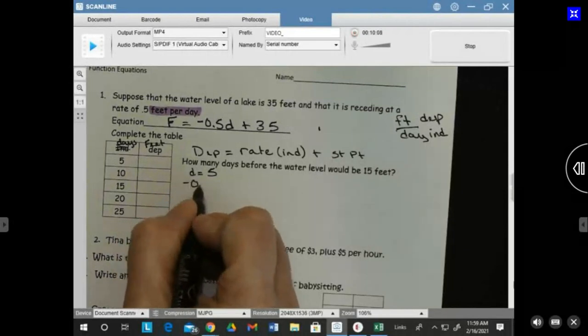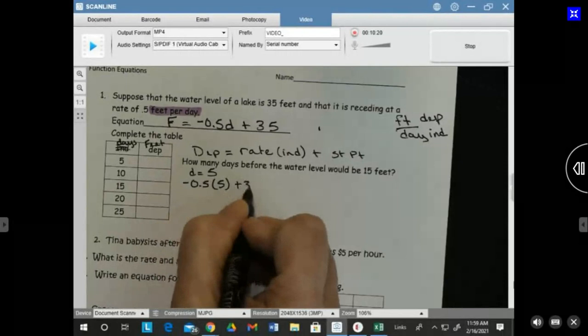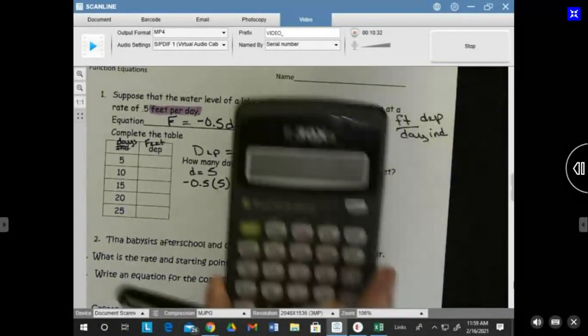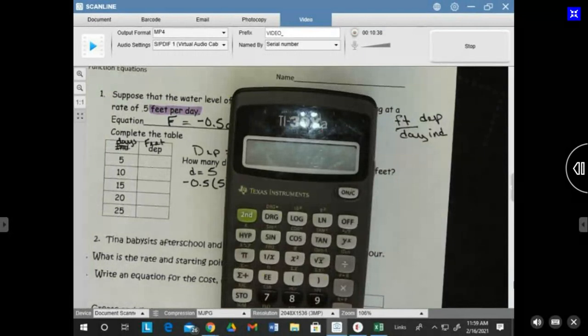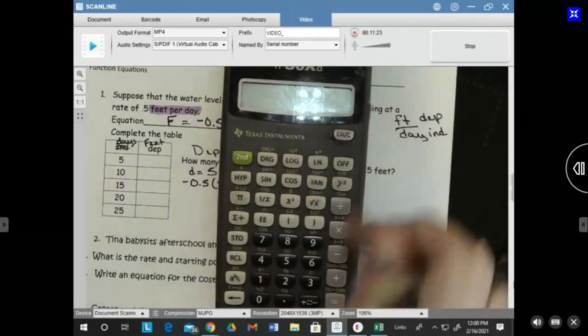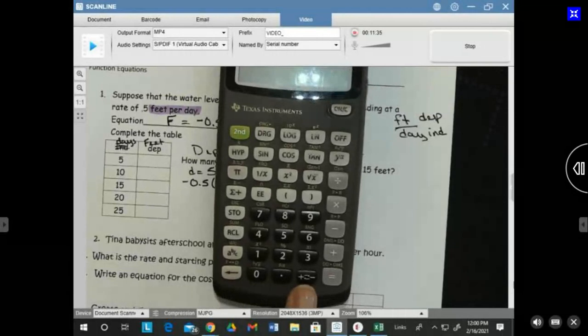Negative 0.5 times 5 plus 35. If you need, now would be a good time to go get a calculator. If you need to, up in the corner. Okay. All right. Please remember, guys, that when you do your negative, you got to use this button down here at the bottom.